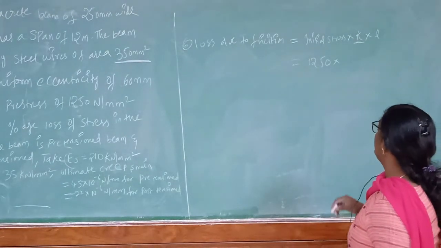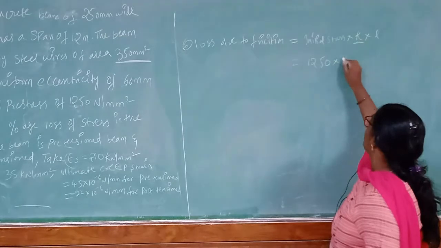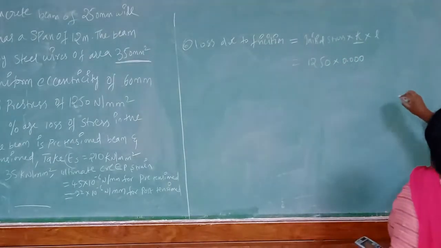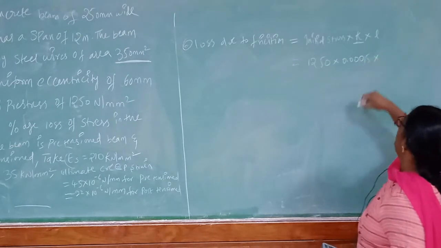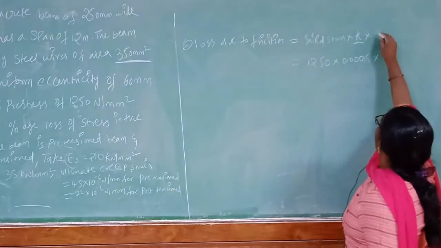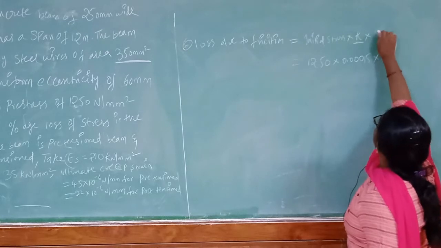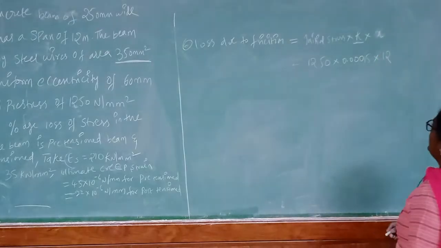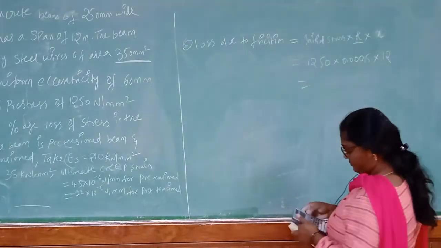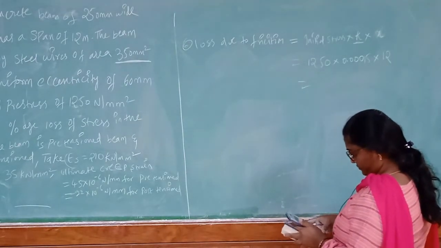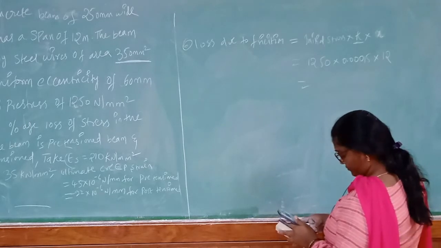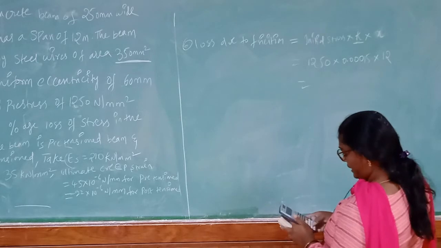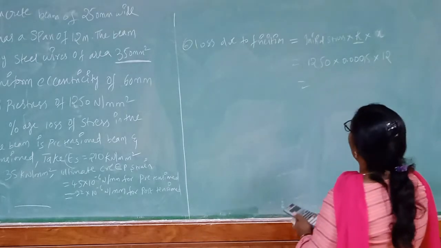I have already shared the Wobble effect in the PPT, please check it. 0.0015 into x, where x is the distance, which here means the complete length. Please check your code books for the formulas.